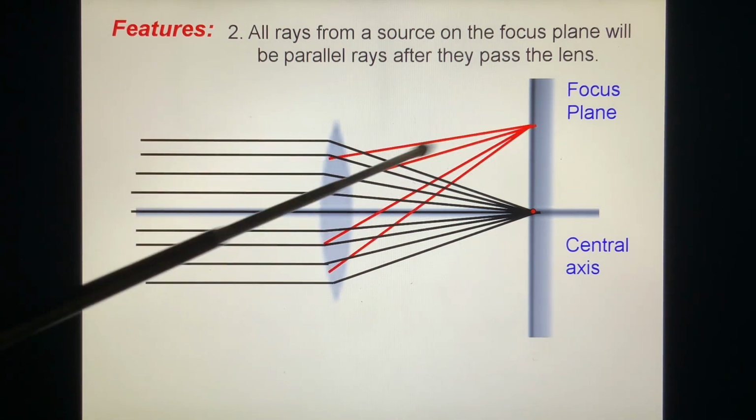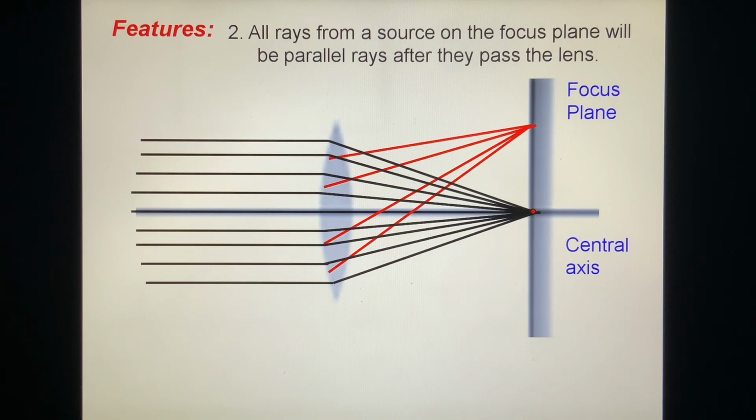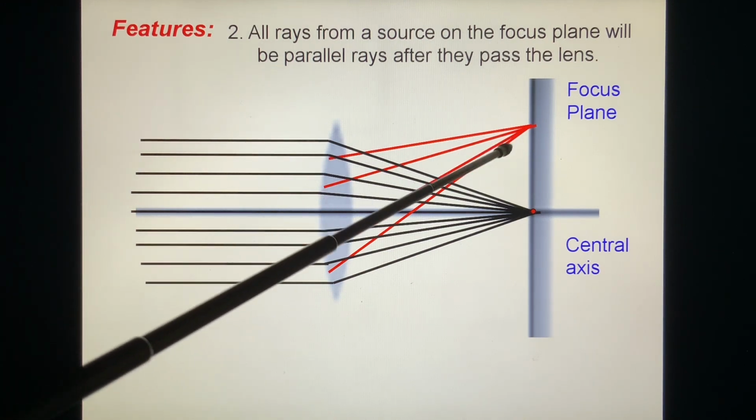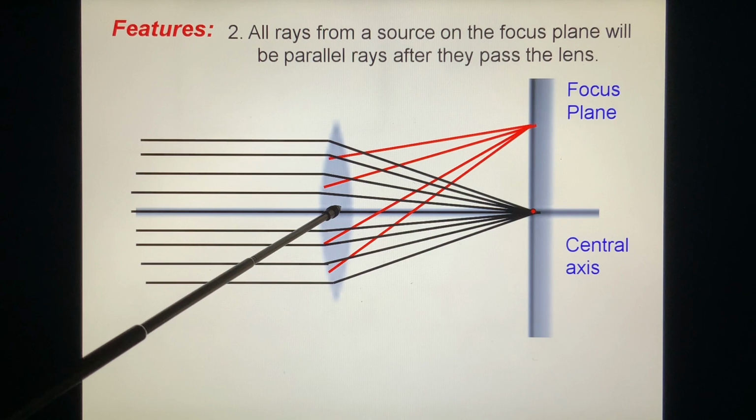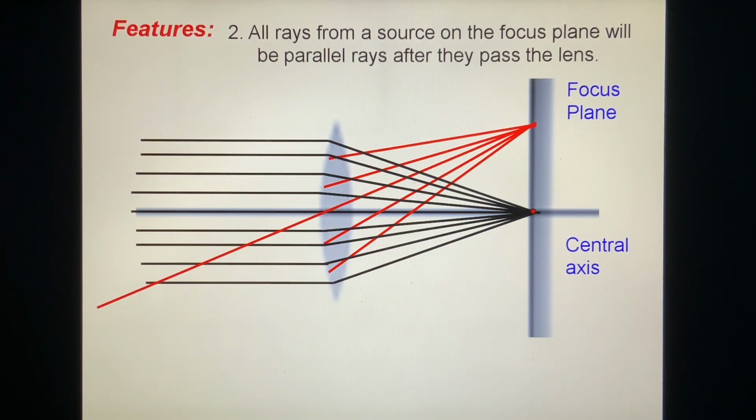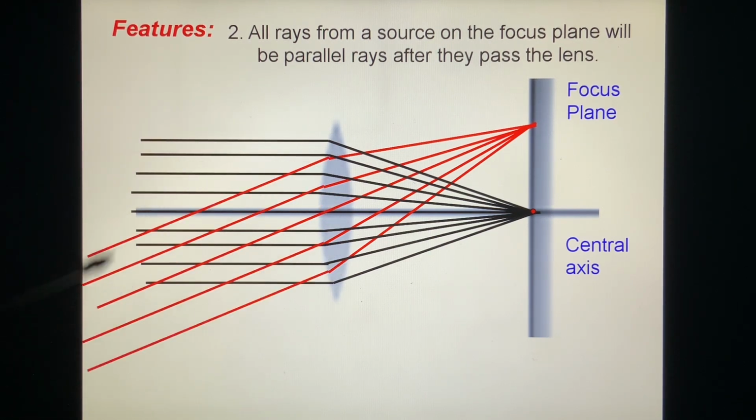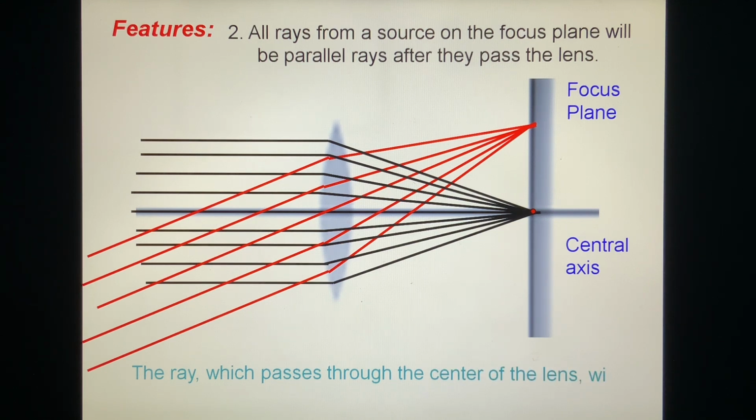Which direction? If a ray passes through the center of the lens, it will never change, so the parallel rays will be parallel to this. The ray which passes through the center of the lens will not be deflected. This is very important.